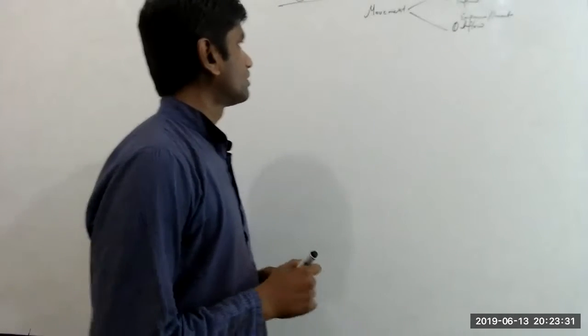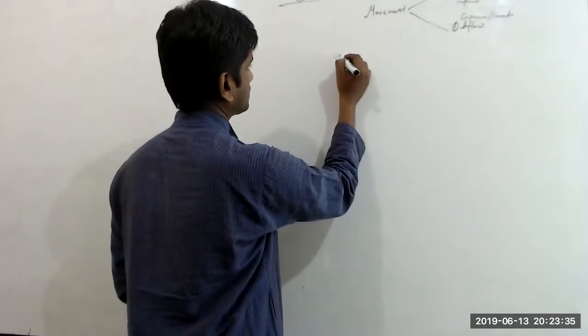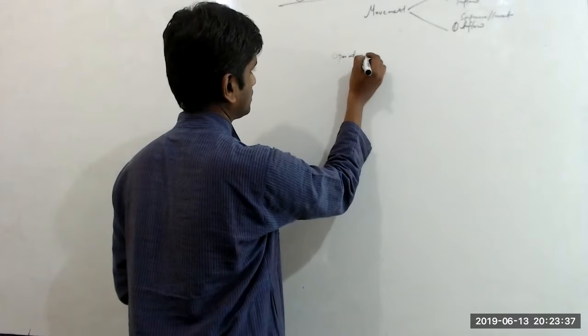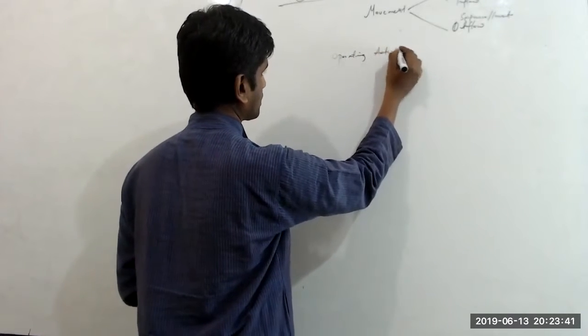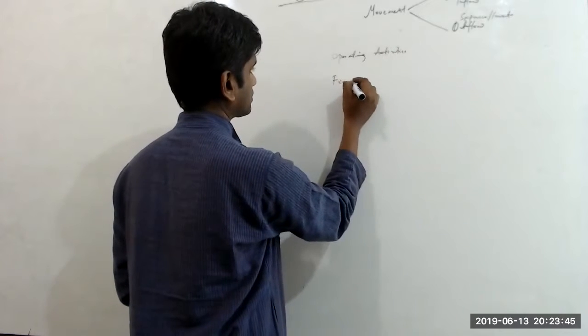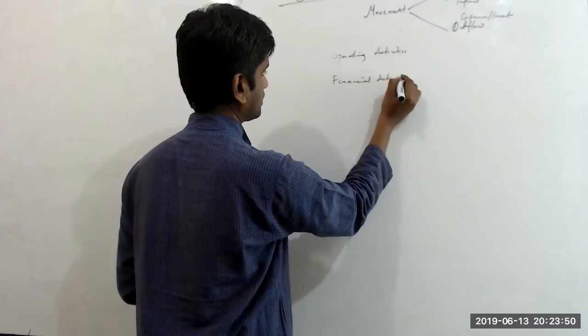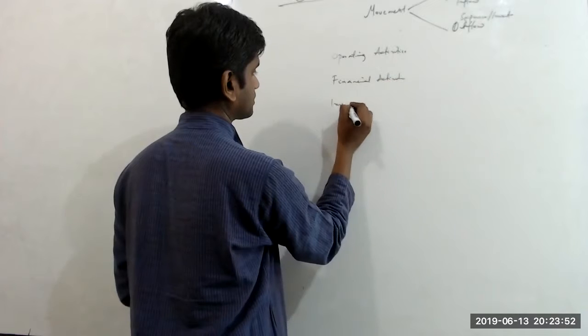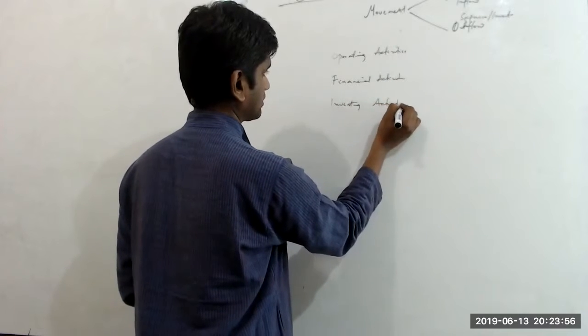Now the other part I was explaining: the operating activities, financing activities, and investing activities. What is the difference between these three?